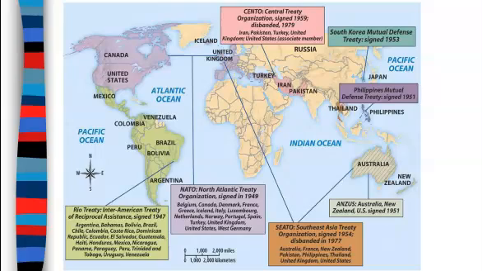It included not only France, but also New Zealand, Australia, Pakistan, the Philippines, and Thailand. We also formed military alliances with South American countries, with the Philippines, with South Korea, as well as CENTO, which was the Central Treaty Organization between Iran, Pakistan, Turkey, the UK, and the United States.